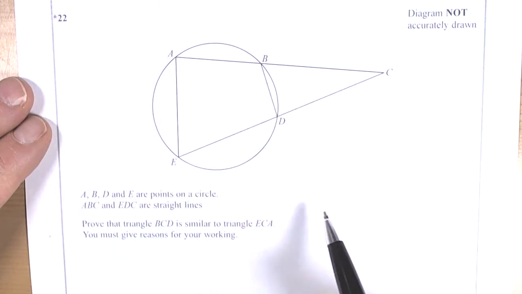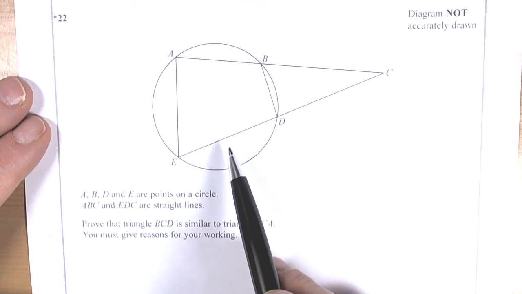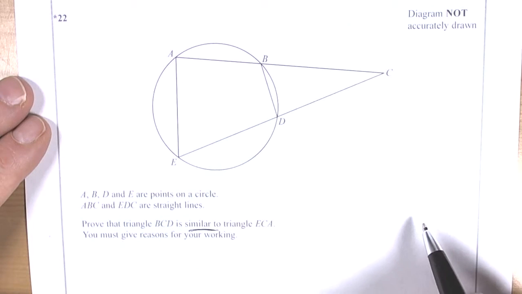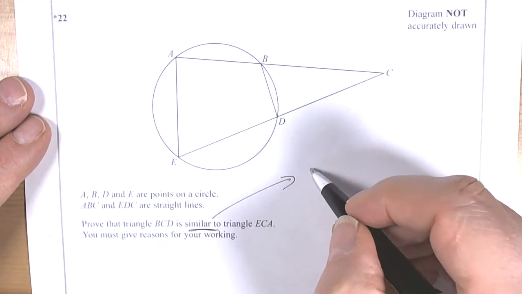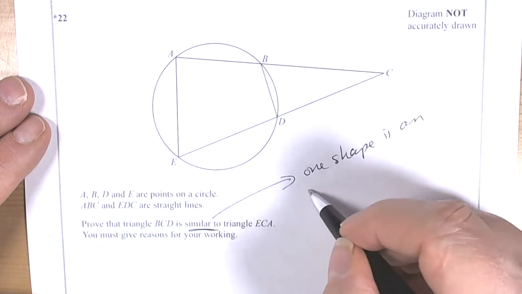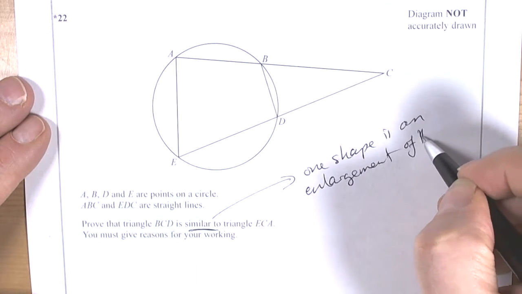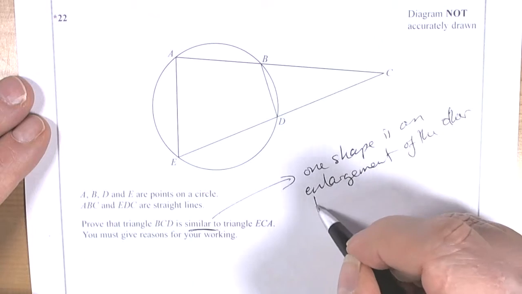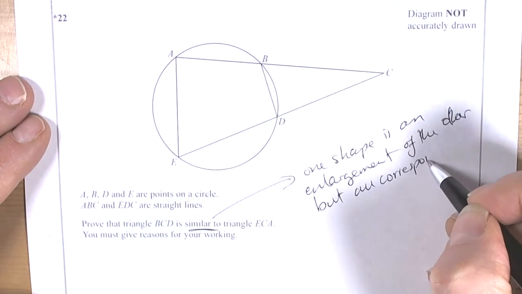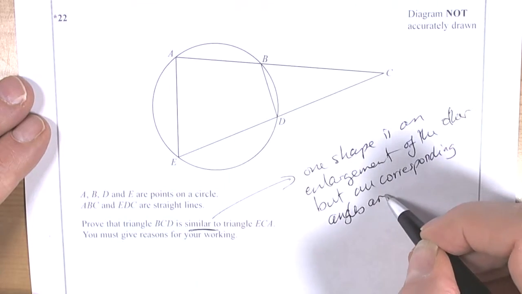Okay, so we've got a picture here involving a circle and some triangles, and it looks like we're having to prove that shapes are similar. So we recognise the word similar means one shape is an enlargement of the other, but all, and this is the important bit, all corresponding angles are identical.